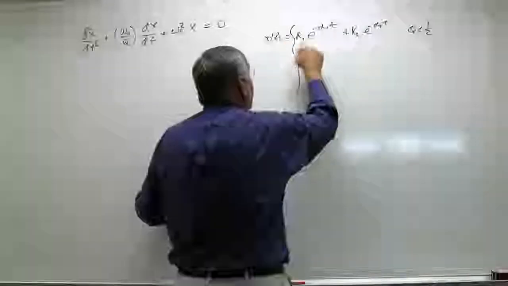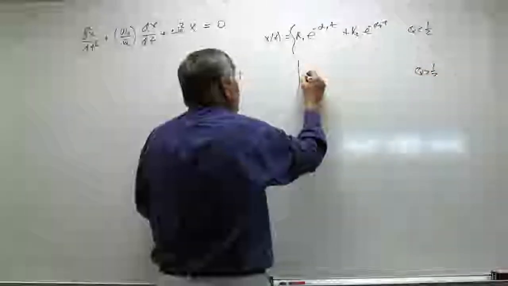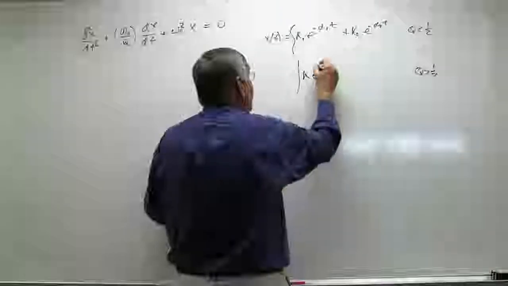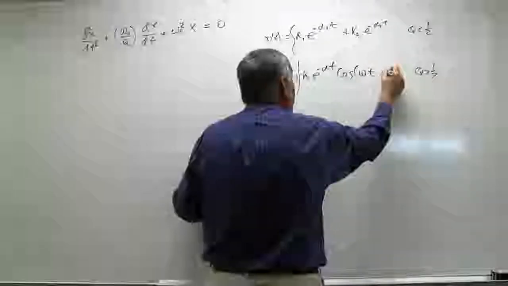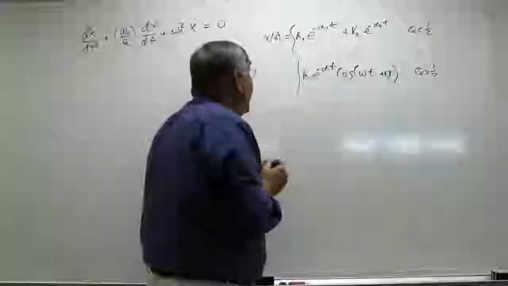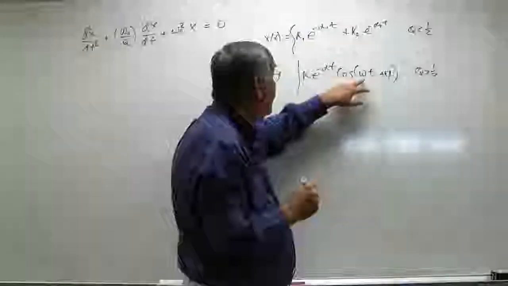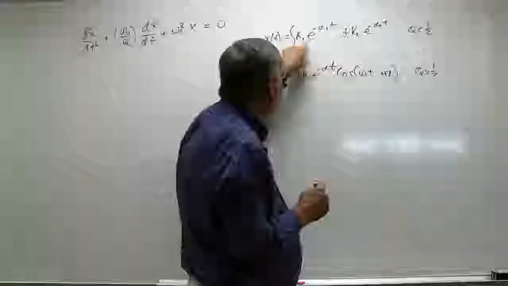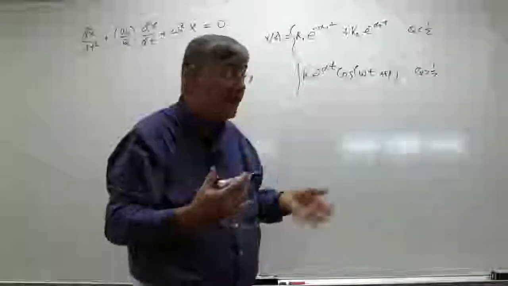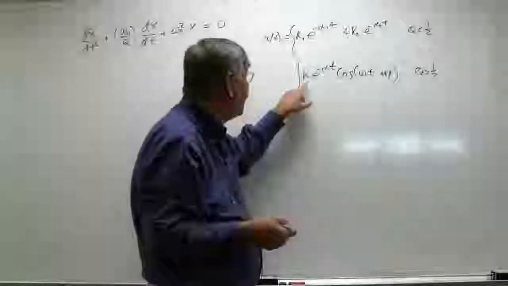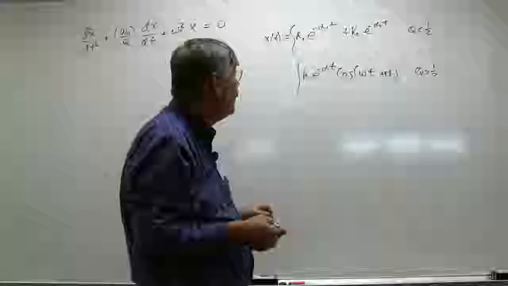In the case where Q is greater than a half, it's convenient to write this as some other constant k times e to the minus alpha t times the sinusoidal function, cosine of omega t plus phi. In each case alpha is a positive number, and k1 and k2 are constants determined by the initial or boundary conditions. Similarly, in this form, k and phi are the two coefficients we would have.